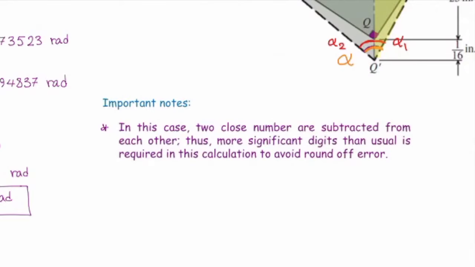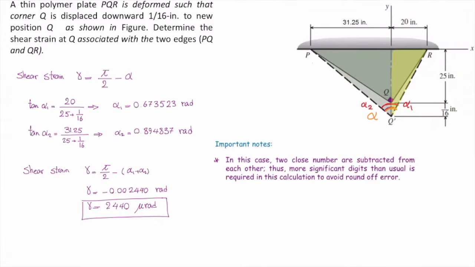If we don't use more significant digits, we may end up with wrong numbers. This is actually the only case in mechanics of materials that we need to use probably 6, 7, or 8 significant digits in our calculation, because we are subtracting two close numbers.